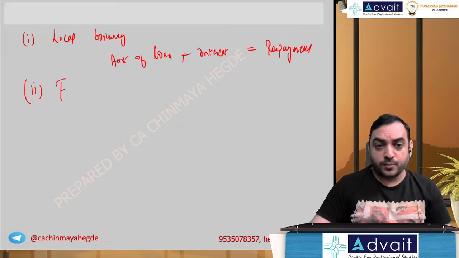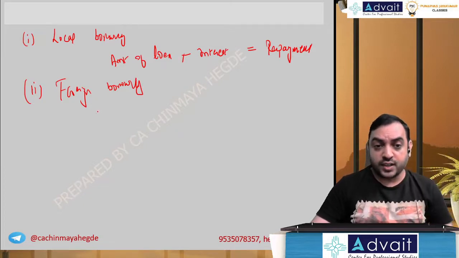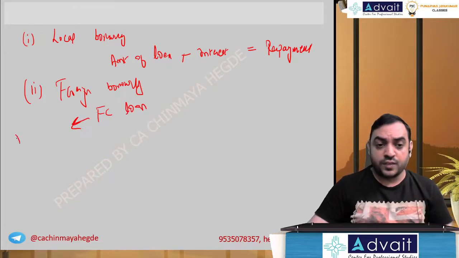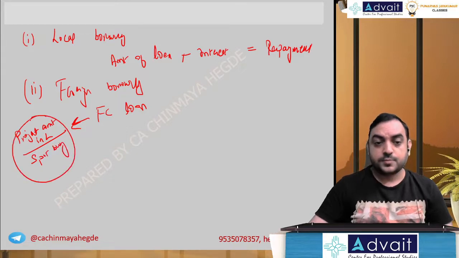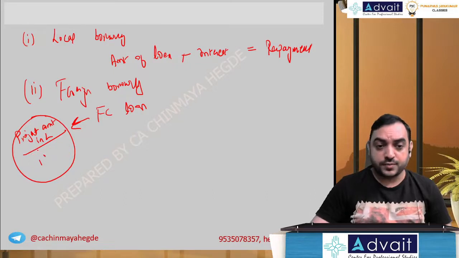Second, if you do foreign borrowing, you should take the amount of the dollar loan, the foreign currency loan. How do you calculate the foreign currency loan? Sometimes it is directly available; if not, it is the project amount in local currency divided by the spot buy rate, because you have to convert it to rupees. You divide by the spot rate.